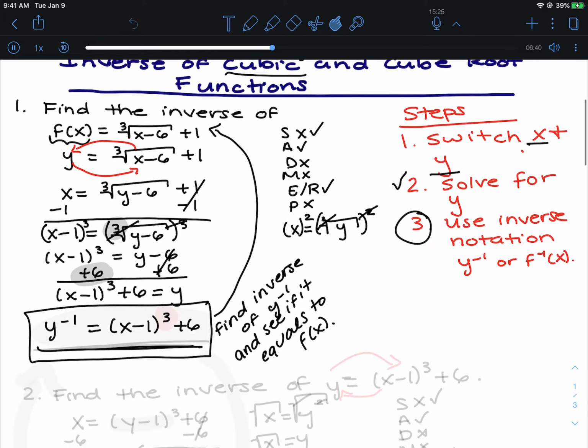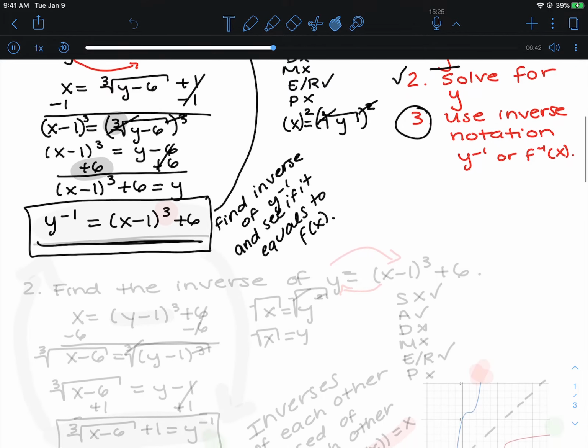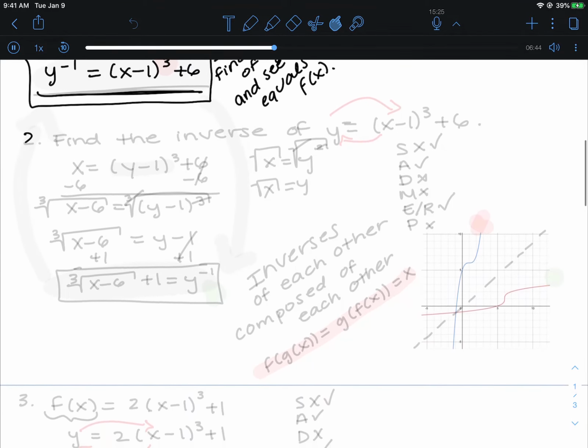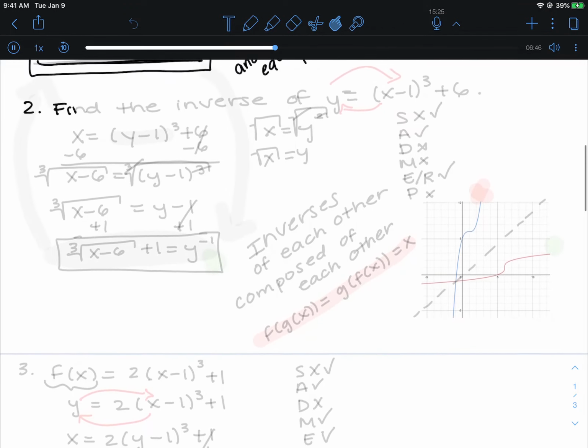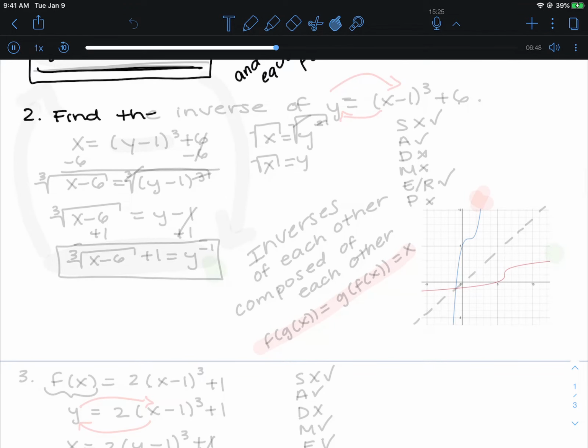Okay, so now we are going to find the inverse of y. Well, I'm just going to use y equals (x - 1)^3 + 6. So I'm just literally getting this problem from up here, and I'm going to put it down here, and let's see if that gives me the f of x problem.